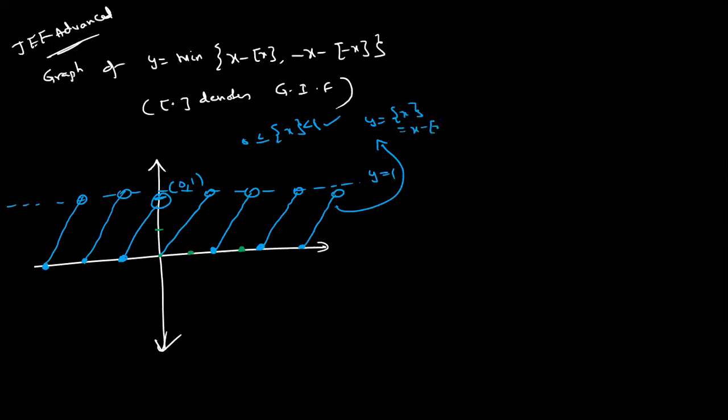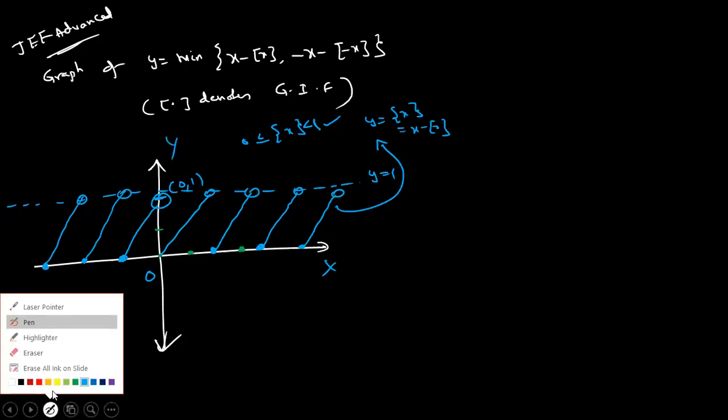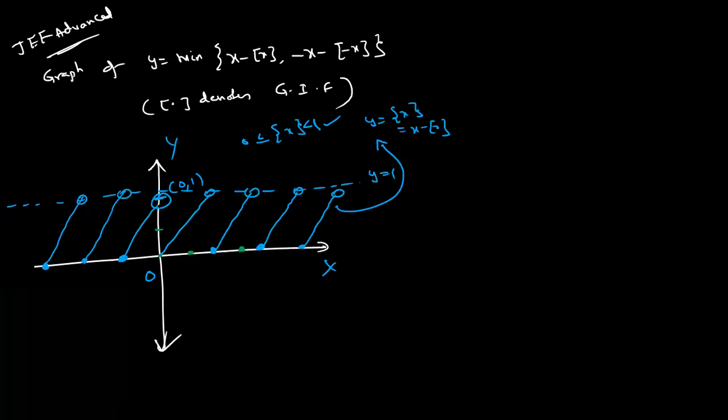That is x minus integral part of x. Now the graph of y is equal to minus x minus integral part of x. See, I'm drawing the picture now. This is the graph.